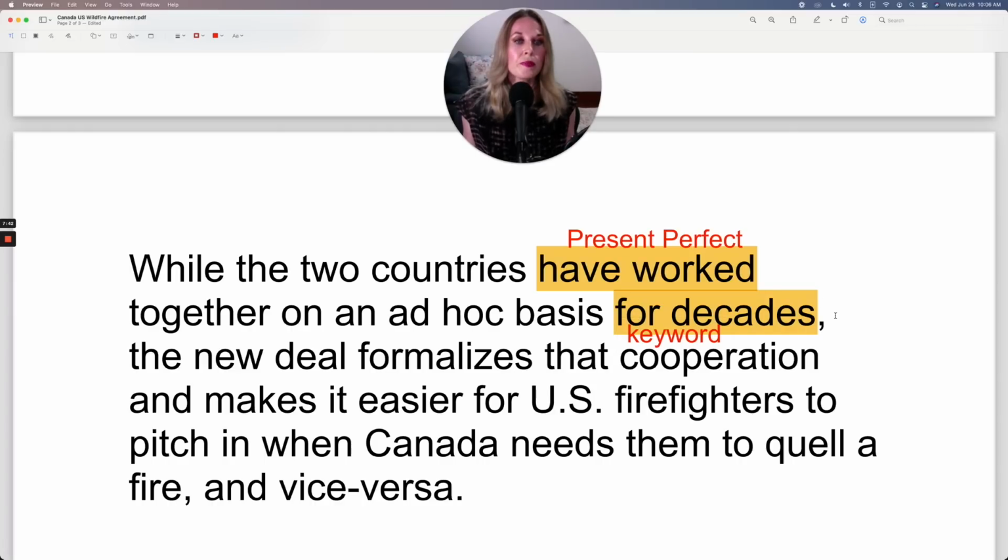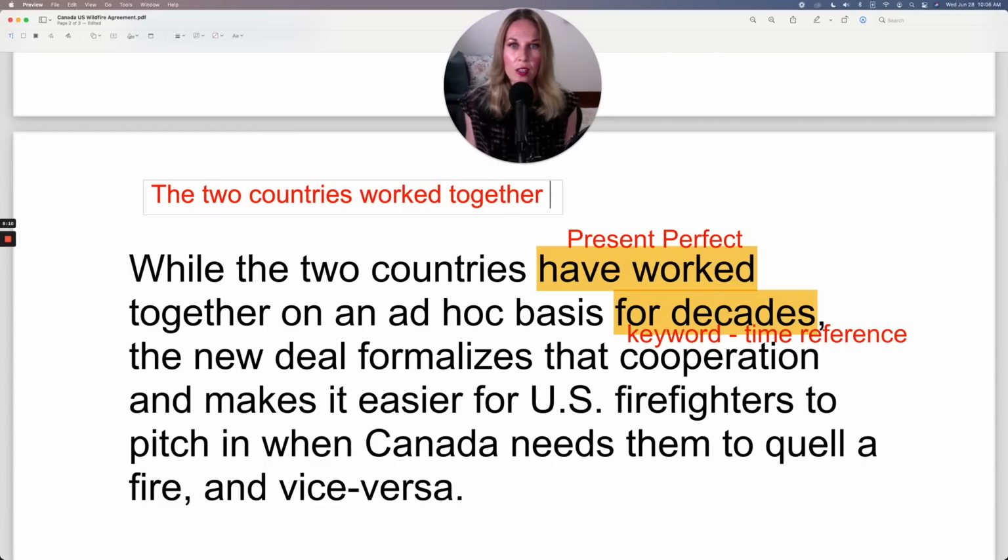Keyword. So we can say time reference. Now, if this were something different, such as last year, what would my verb tense be? Last year is a completed past action, so I would change this to the past simple. For example, the two countries worked together last year.